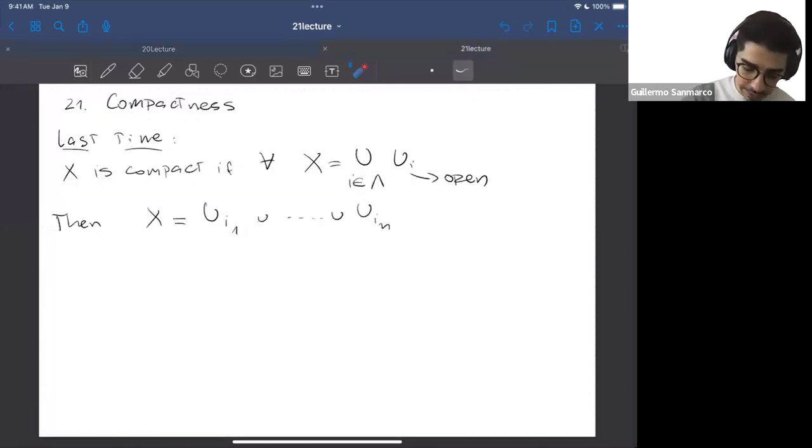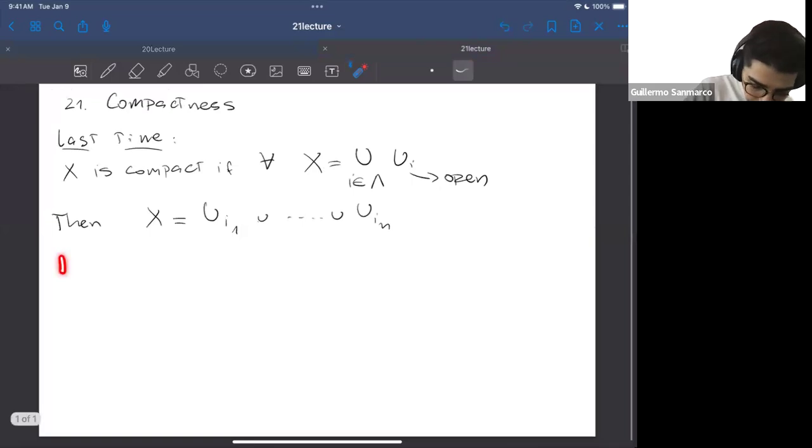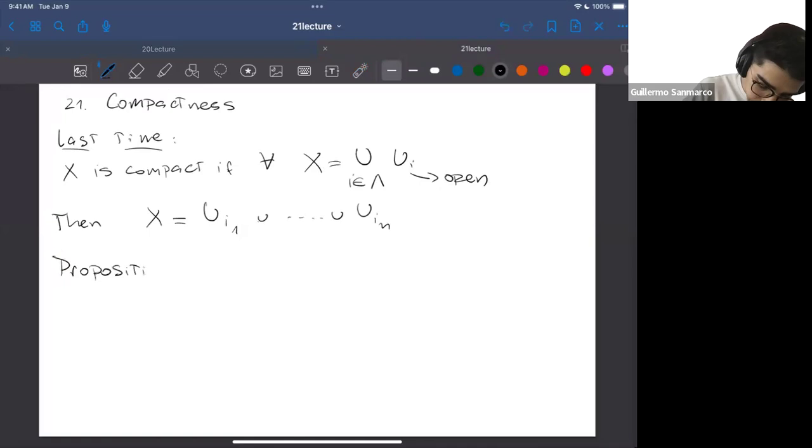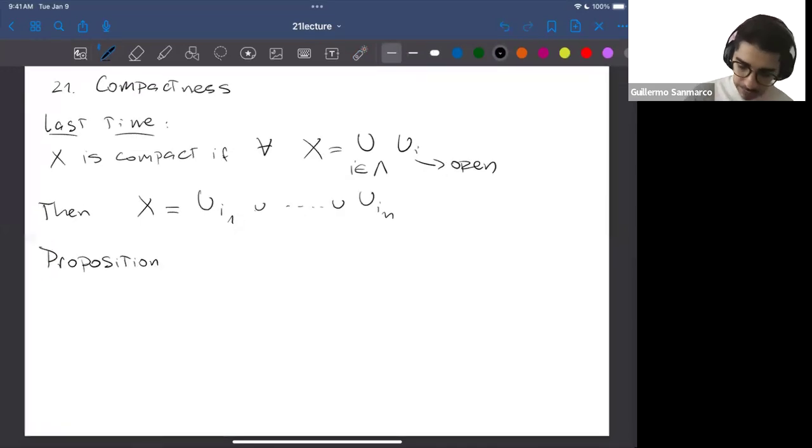Okay, so first thing for today is we need to prove this proposition. So let me rewrite it here. This will be proposition 4 from last time.